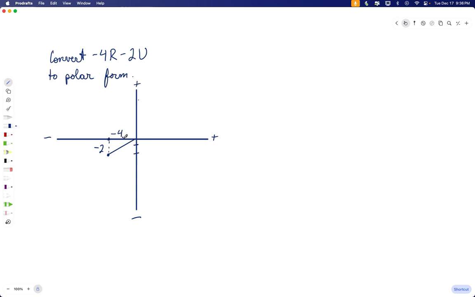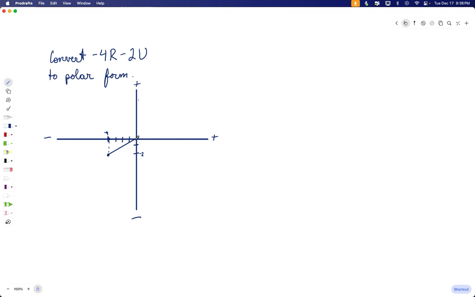So let's say 1, 2, 3, 4 on the x-axis. So at negative 4 on the x-axis, and at negative 2 on the y-axis, right? So negative 4 and negative 2. That's where that point is.